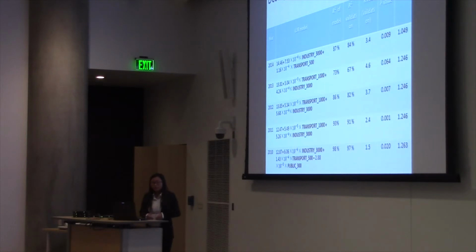The land use regression model result for PM10 is more stable than PM2.5. It shows that the most influential factors remain industry and transportation each year.